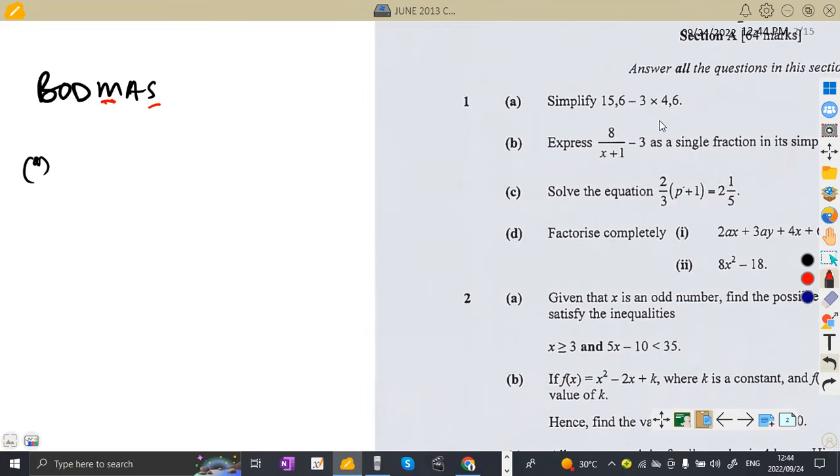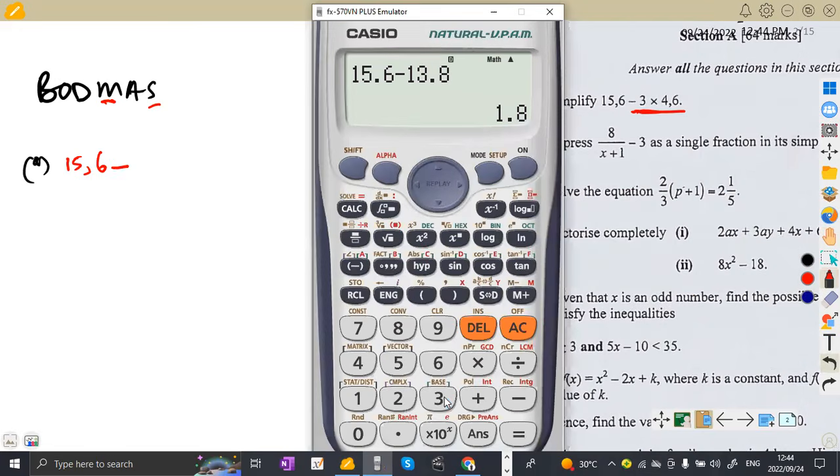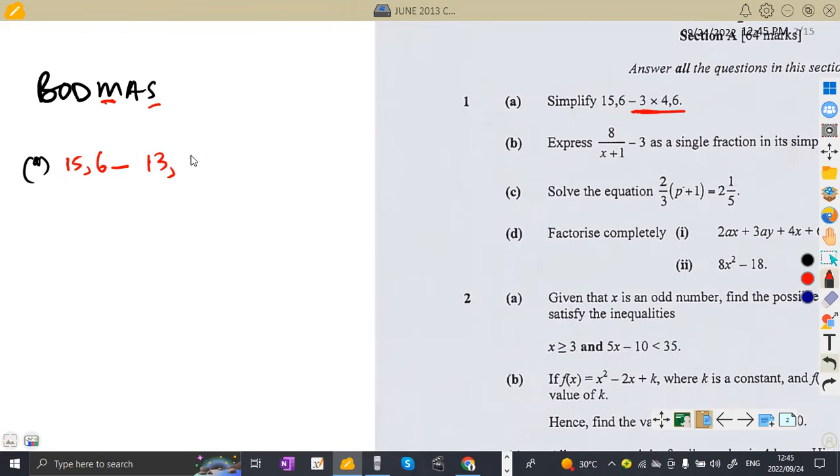So to multiply, you multiply the numbers which are multiplying each other here, the 3 and the 4,6. So which means we are going to have 15,6 minus, then you multiply 3 times 4,6. This is paper 2, guys, you can use your calculator direct on this one. 3 by 4,6 is going to give us 13,8.